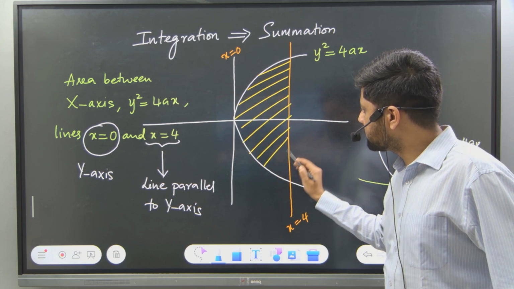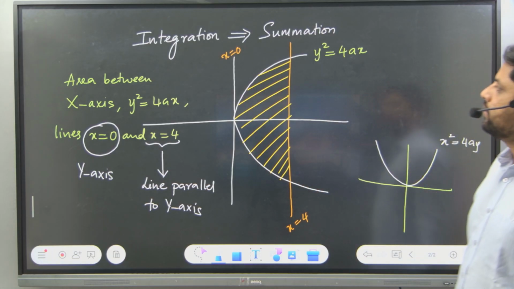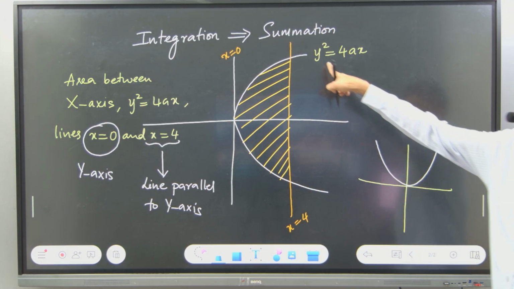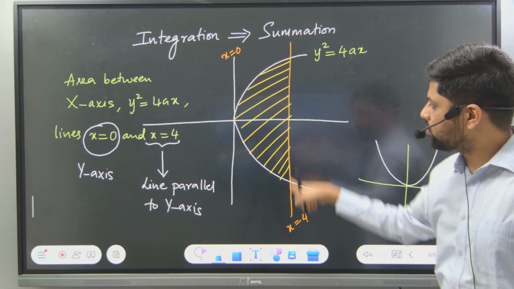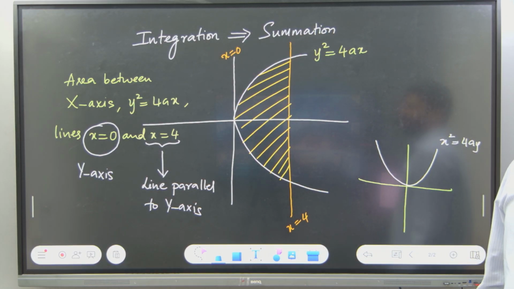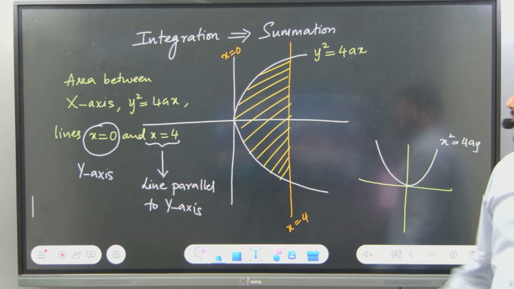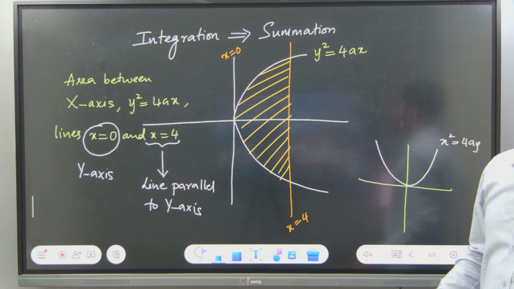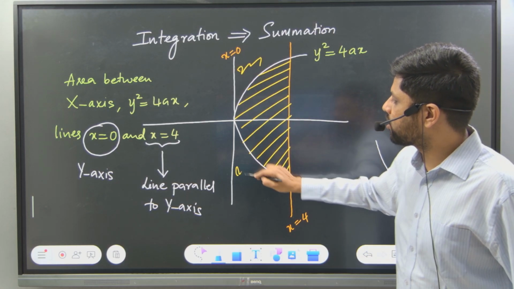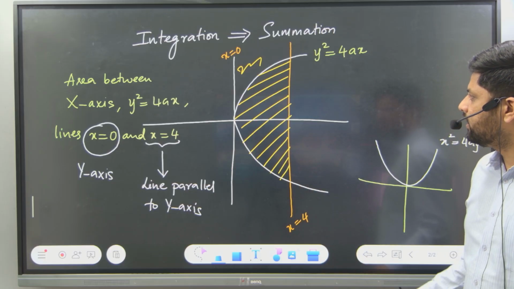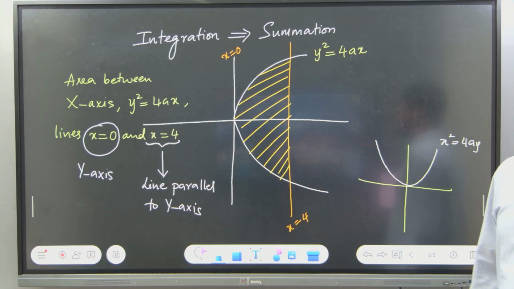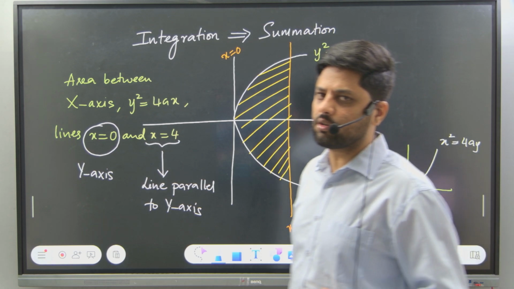Understood? Between the curve y square is equal to 4x, between the lines x is equal to 0 and x is equal to 4, and with the x-axis. They're not talking about the y-axis. They're not talking about this area. They're talking about the area enclosed with the x-axis. So this is the area we need to find out.